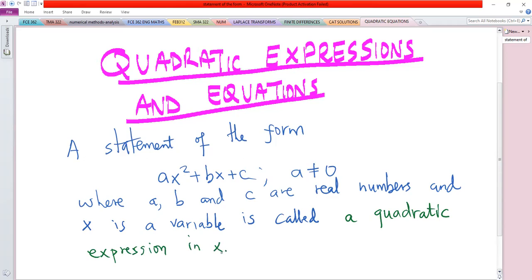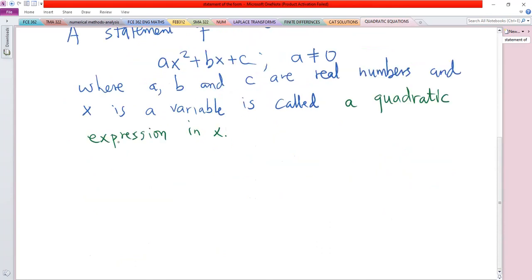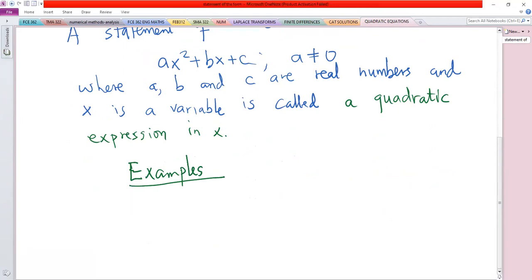So we can list examples of quadratic expressions. So we can have 2x squared plus 4x plus 9. This is example 1.